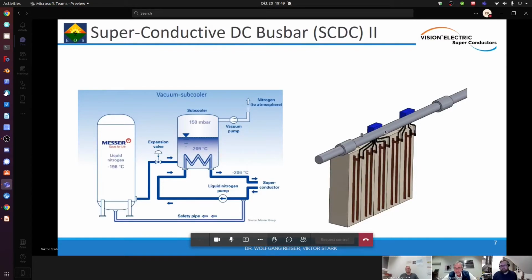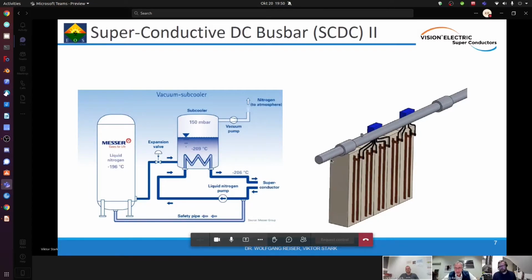The superconducting busbar itself looks like a pipe system, and you only see from outside that it's a pipe and you can touch it. There is nothing special with that pipe, but it contains all the superconductors necessary to supply the OCP racks.